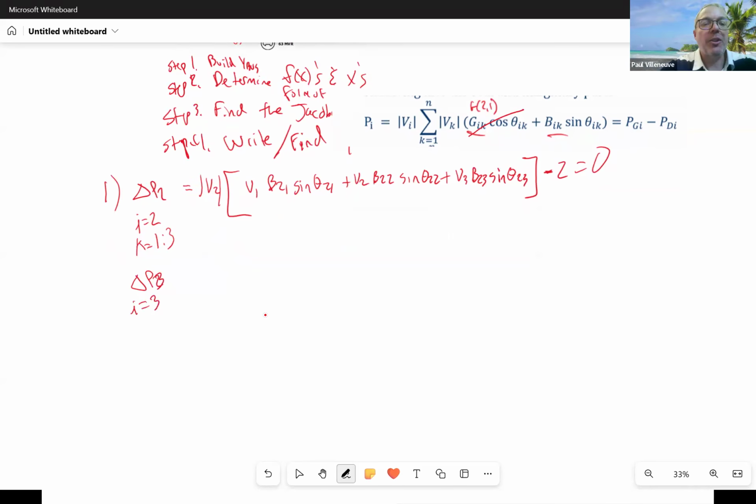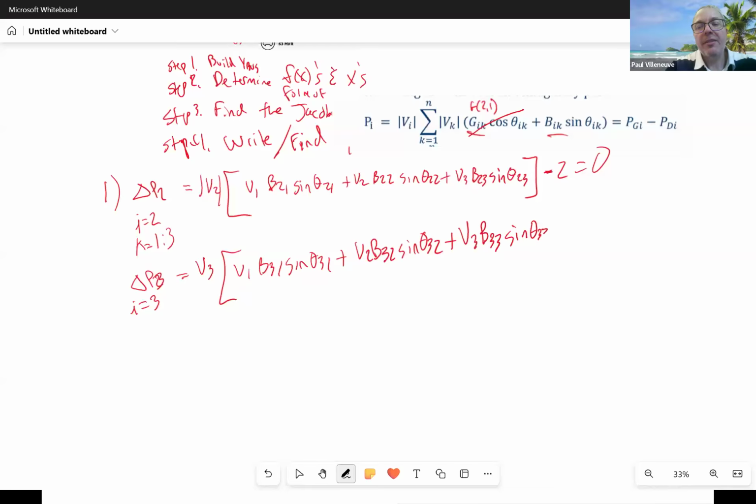So now I is equal to 3. So that's V3 times V1, B31, sine theta 31 plus V2, B32, sine theta 32 plus V3, B33, sine theta 33, and that subtracts, is it positive or negative?